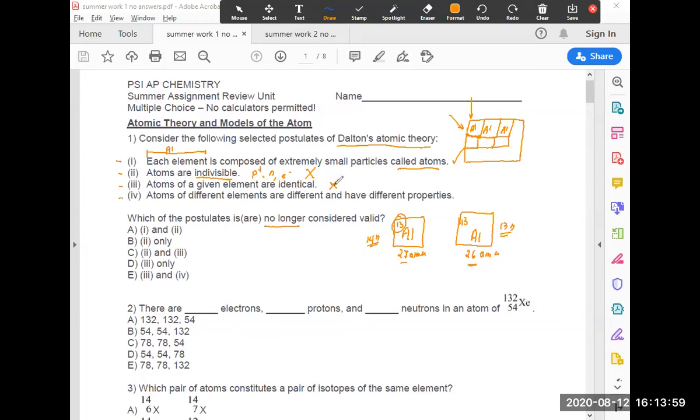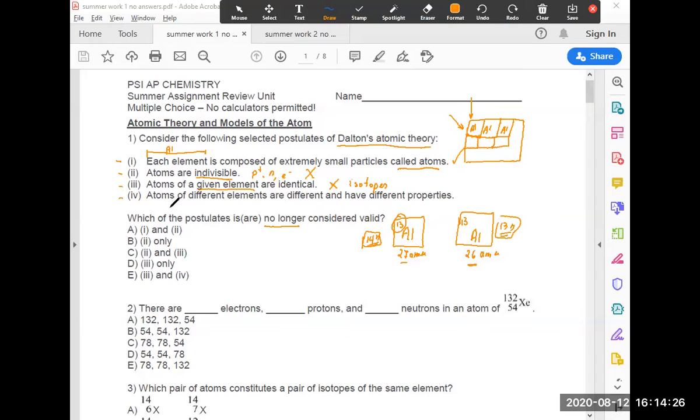So this is not true. There are isotopes, things that belong to the same category or the same label as aluminum, for example, but they might have different numbers of neutrons. So they are still the same given element. There is aluminum, again, as a choice in this case, but they are not identical because the number of neutrons is different.